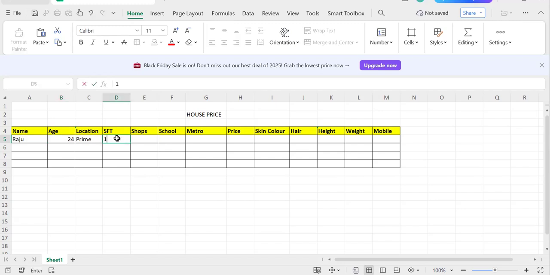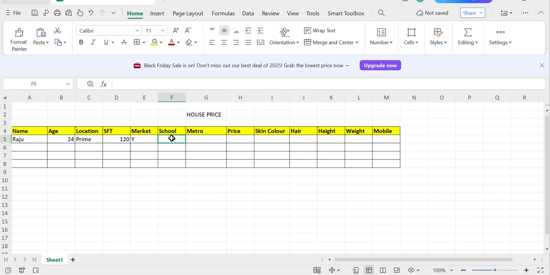Square feet is, let's suppose, 120 square feet, and a market is near. Okay, so market is there, yes.